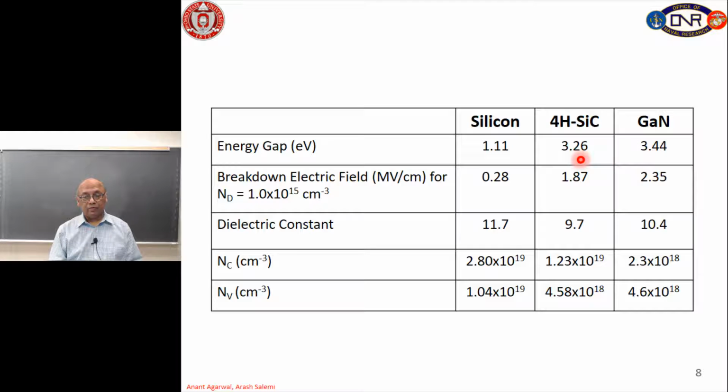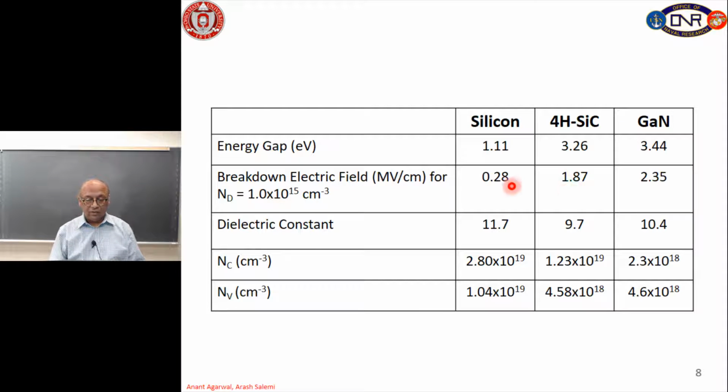Now, this band gap is higher because the bonding between the host lattice is much stronger in silicon carbide and gallium nitride, which essentially means that the breakdown electric field EC that we defined in the previous slide is also high.